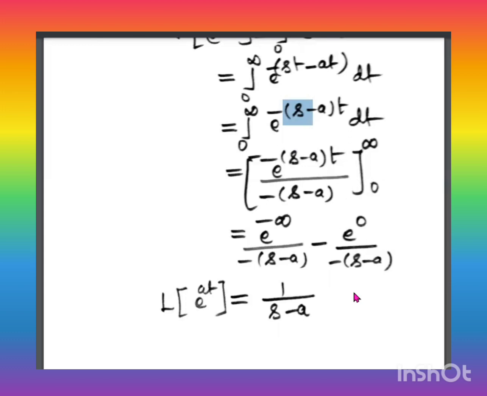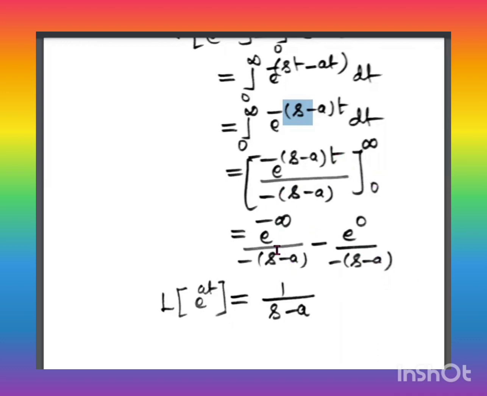First I apply the upper limit infinity. So e power minus of s minus a into t, if you apply t equal to infinity, e power minus infinity divided by minus of s minus a, minus, if you apply t equal to 0, e power 0 divided by minus of s minus a.